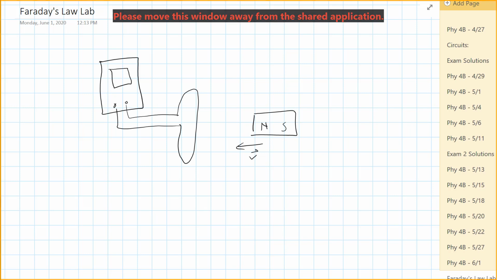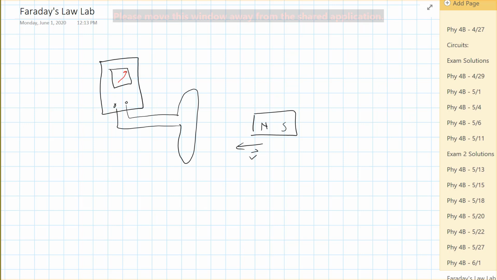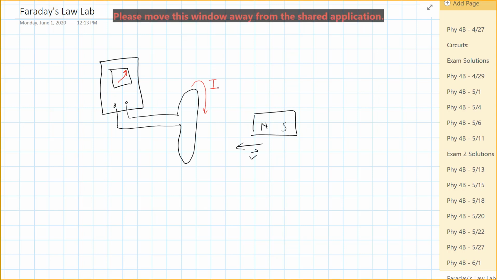And while that magnet is moving toward the coil of wire, I get a current flowing. There's no battery in the circuit, just a loop of wire hooked up to an ammeter. But when I move that magnet toward the coil of wire, current flows.